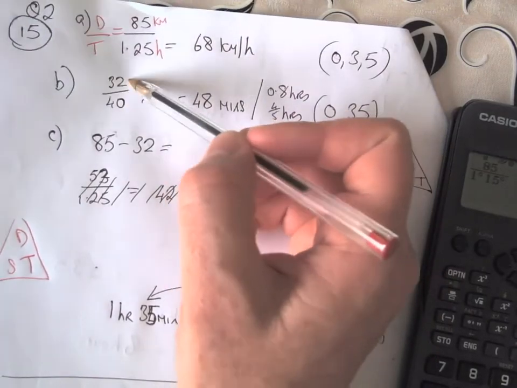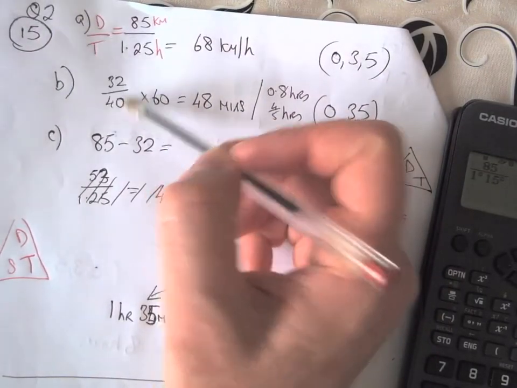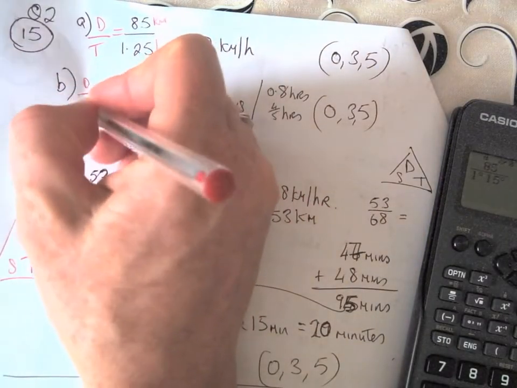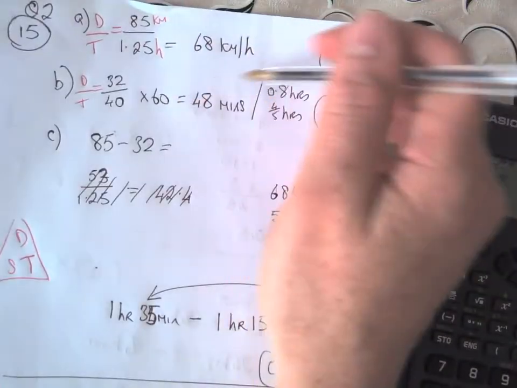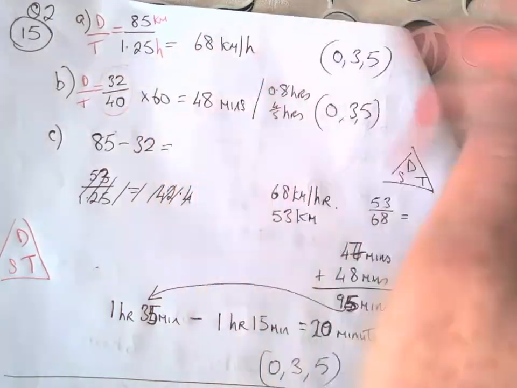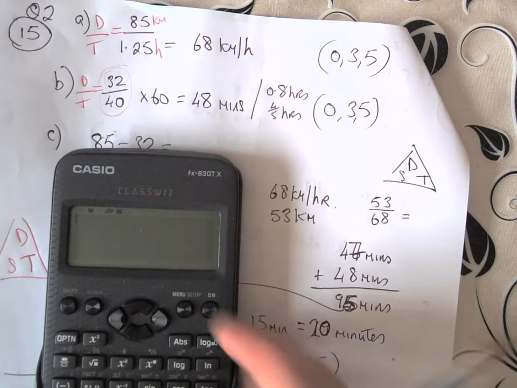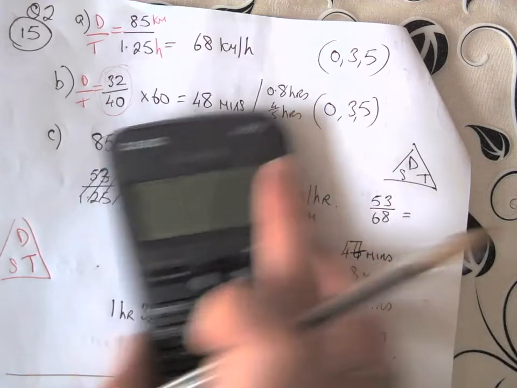So for 32 kilometres, he was doing 40 kilometres per hour. Again, speed is distance over time, so time is distance over speed.